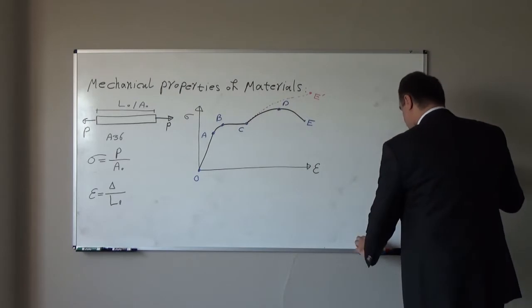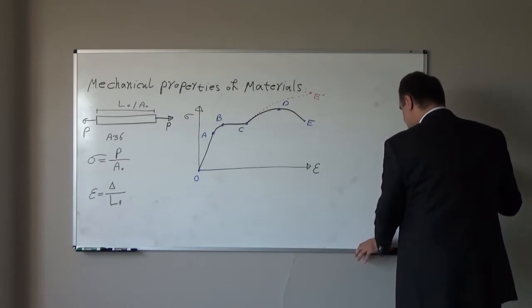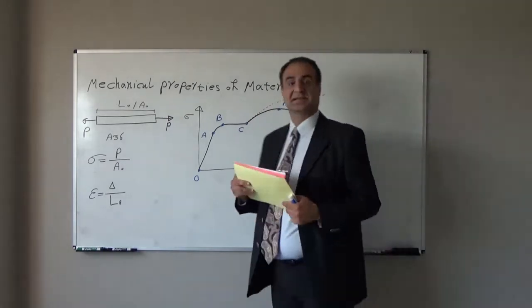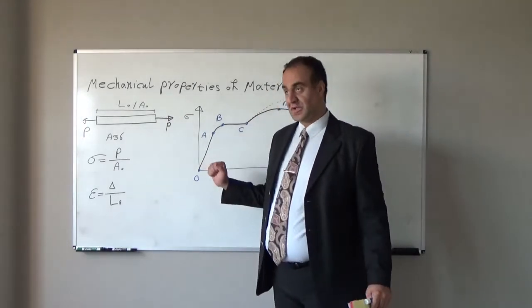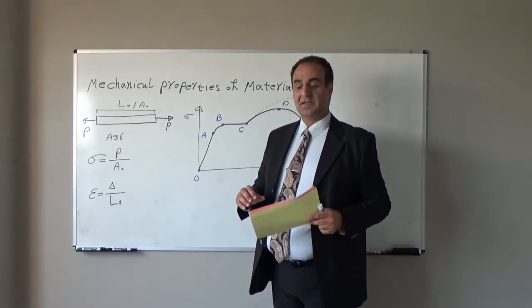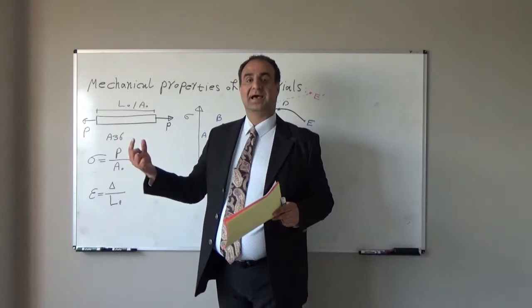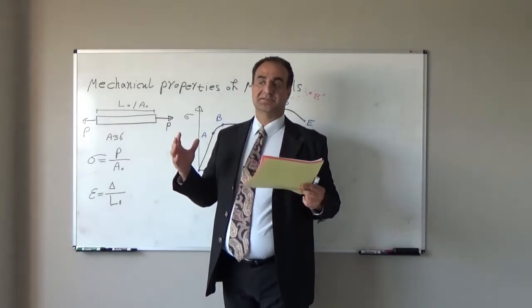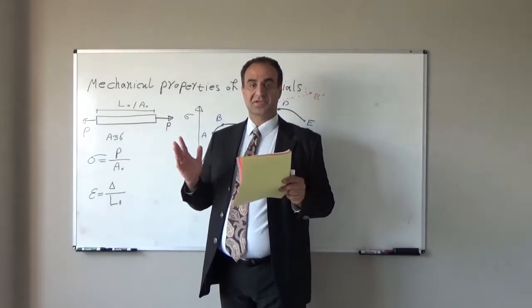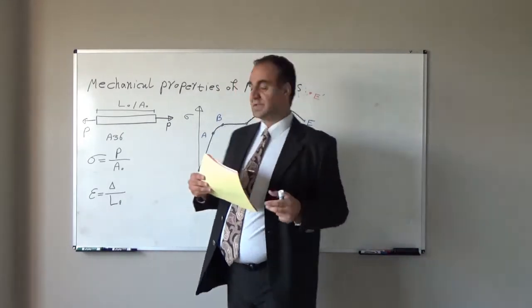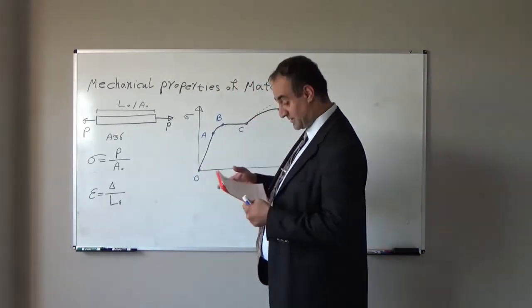If we apply force, first the behavior is linear elastic behavior. Linear elastic means stress and strain are proportional. And if we remove the load, material will have initial size. So deformation will come back to the initial location. So no permanent deformation. That is the linear part.